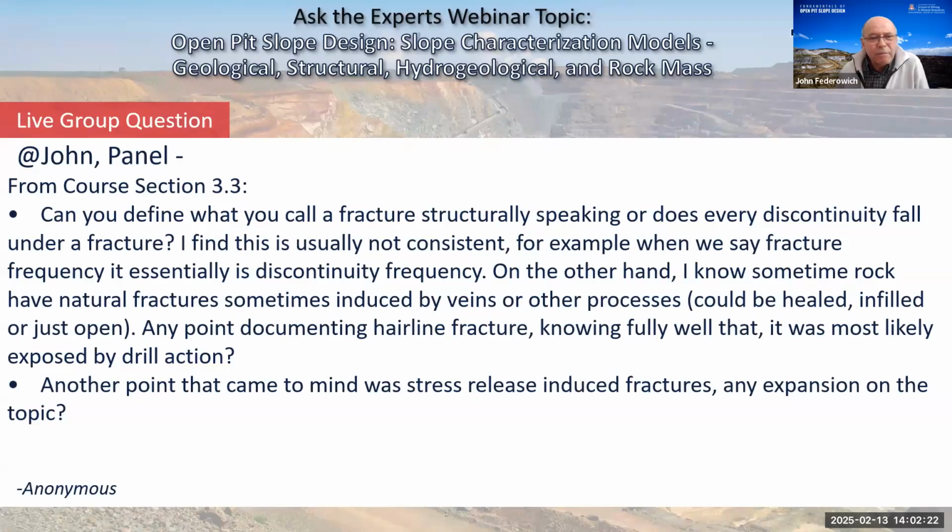Those are very important to identify and to characterize. The fractures that are close to the blasting area are generally identified by roughness and the pattern of the fracturing. Stress release induced fractures.